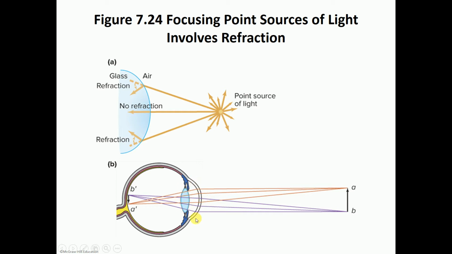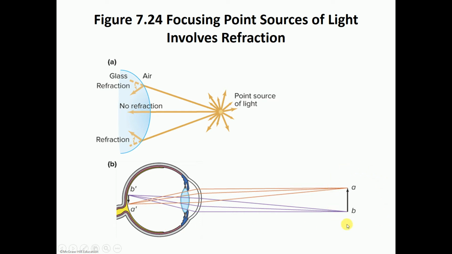We cannot adjust the power of the cornea, though, but we can adjust the power of the lens. And here again, you could see that we are focusing these rays on the fovea area, and that will give us the sharpest, most colorful image, while everything else that falls on the rest of the retina will give us the blurriness that we see in the peripheral vision.